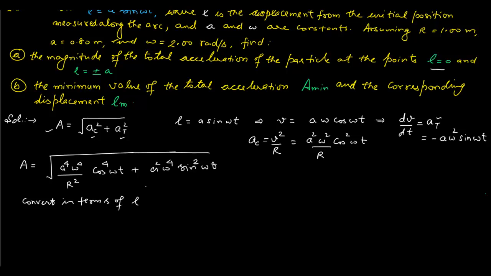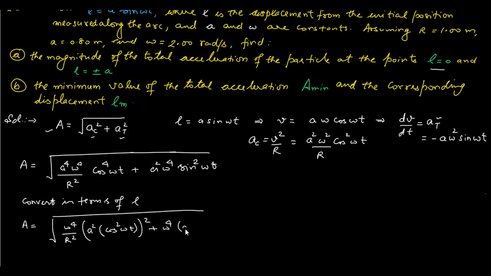If you see carefully and transform this equation, you can write ω⁴ divided by r², and instead of a⁴ I am writing (a²)², and instead of cos⁴ I am writing (cos² ωt)², plus ω⁴ (a sin ωt)². Clear?